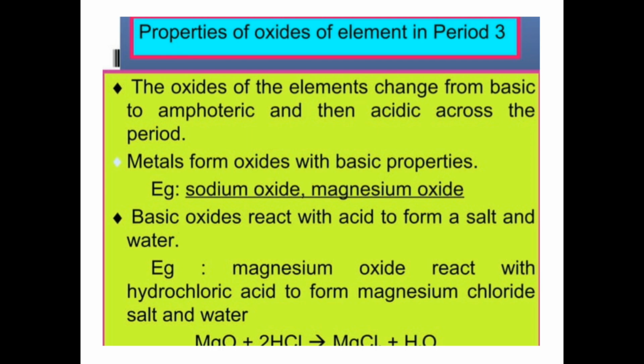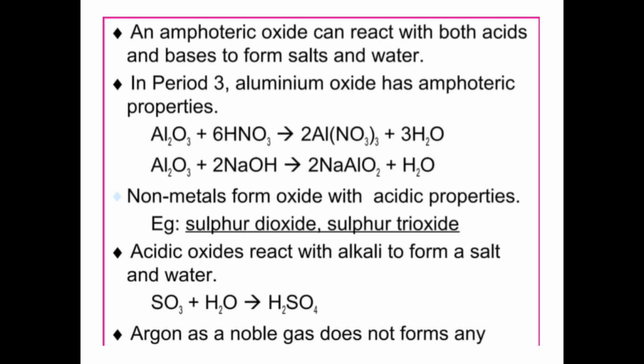The basic oxide can react with acid to form salt and water, like we have said. So you will see that the magnesium oxide can react with an acid, HCl, to form salt and water respectively. The amphoteric oxide can react with both acid and base to form salt and water.